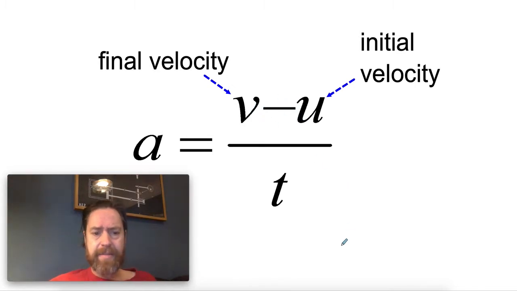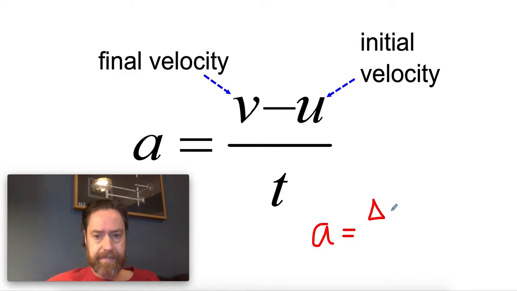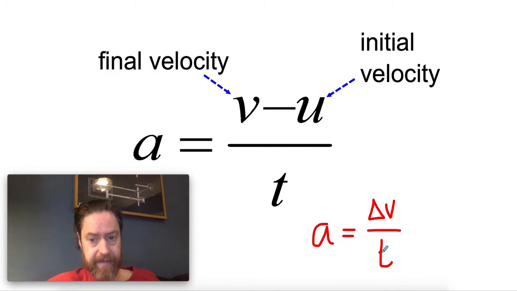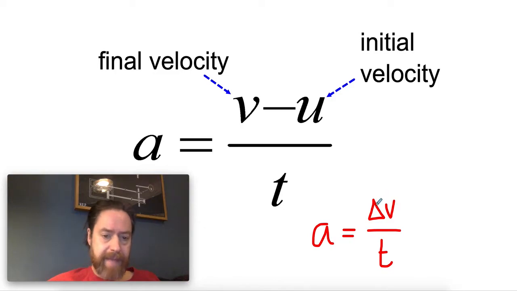There is, I think, a more elegant way of writing this. We could write acceleration equals delta v. We could put delta t as well, but I'm not going to today. You probably have met this in maths. It means the change in.